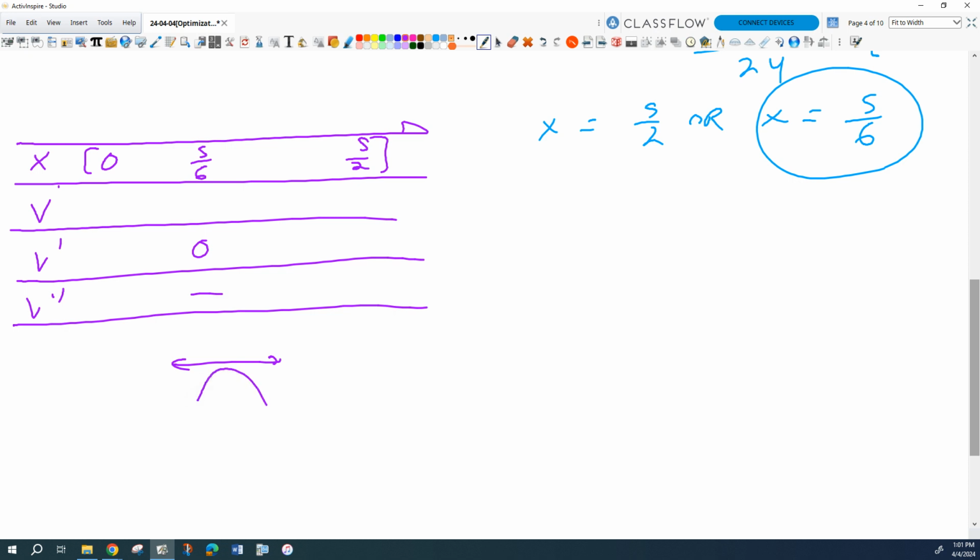If I only have one interior maximum and the function's continuous, that's the maximum. Okay. So regardless of what s is, we know that 1/6 of s is going to give us maximum volume. Okay? Good? All right.